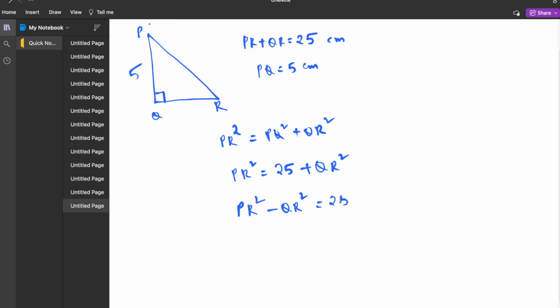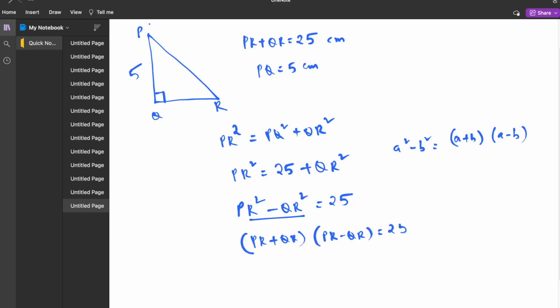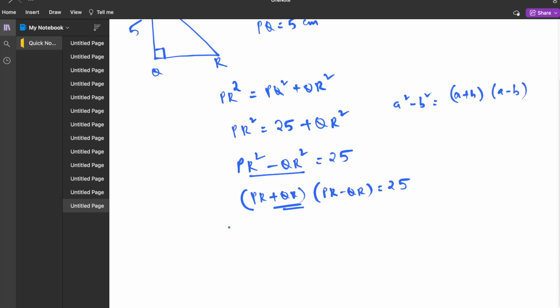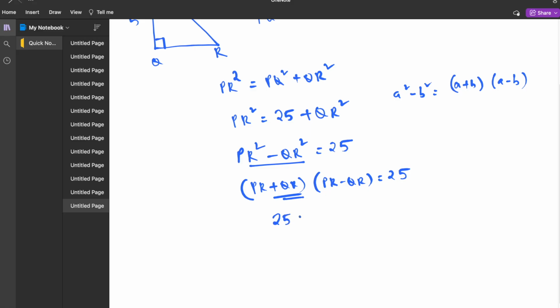This is of the form A square minus B square. The formula is A plus B into A minus B. So we can write this as PR plus QR into PR minus QR is equal to 25. PR plus QR is already given as 25. So 25 into PR minus QR is equal to 25.